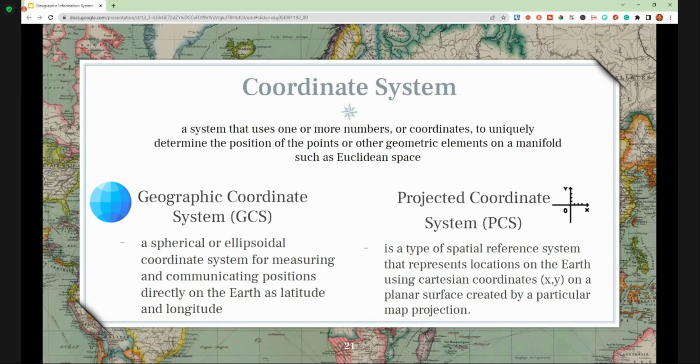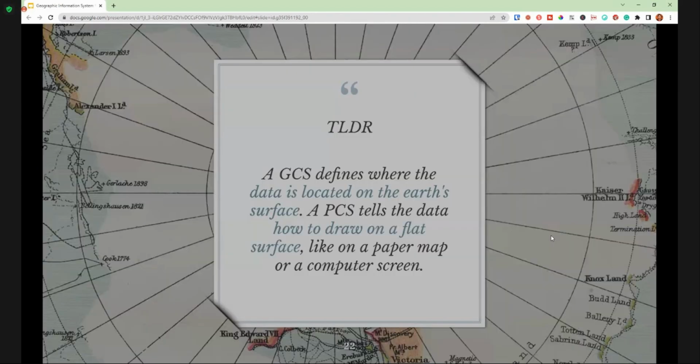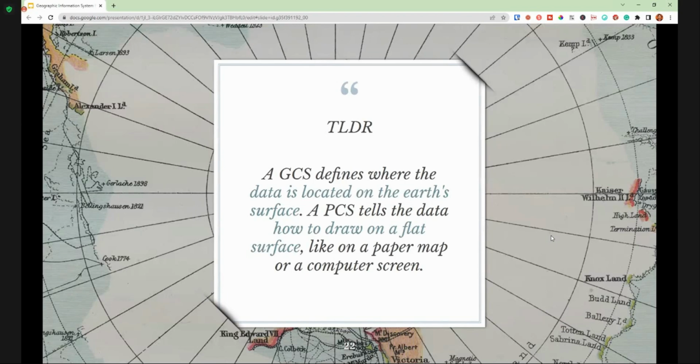As in, no need to overthink for now because you might have a lot of questions. If you're going to use a GIS software like ArcGIS, you might encounter these two terms, but for the purpose of the exam, these are the differences of these two coordinate systems. So TLDR, a GCS defines where the data is located on the Earth's surface, and a PCS tells the data how to draw on a flat surface, kaya siya X and Y, like on a paper map or a computer screen.